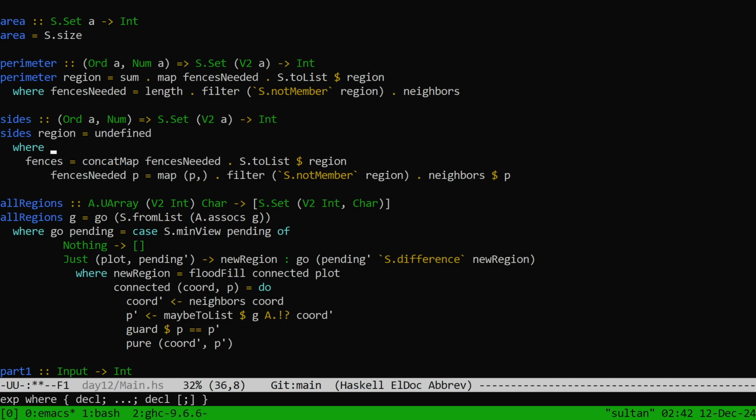Like, maybe I want to get a tuple of the two maps that I'm building. Horiz and vert equals align fences, like that.